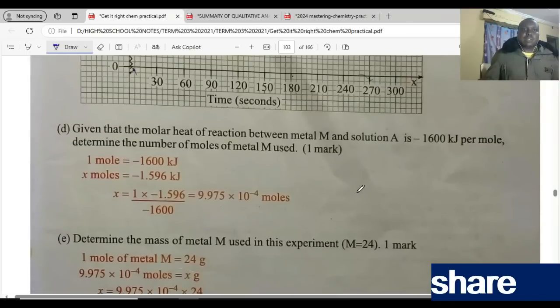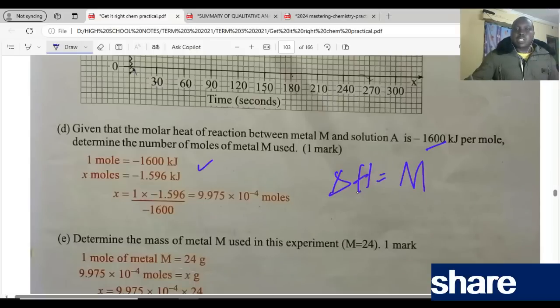It's very simple, but for example this one is asking to calculate the molar heat of reaction given this one. But you should know that the change in heat is given by mass. Which mass is this? Mass of the solution times specific heat capacity which will be provided, and then change in temperature.